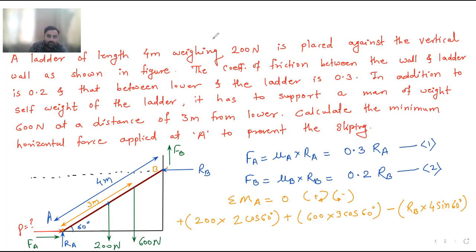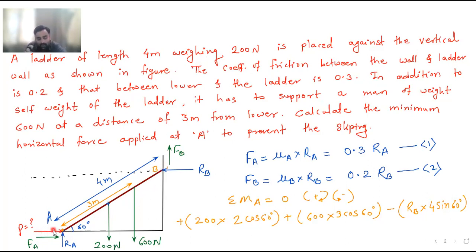Okay. So now this FB. For our understanding, I have shown this force here, or I have shown FA here. Actually this frictional force is always acting on the surface itself. So FB should be here and this FA must be acting over here.